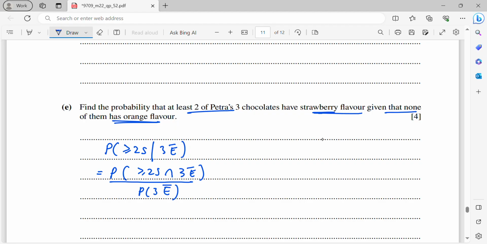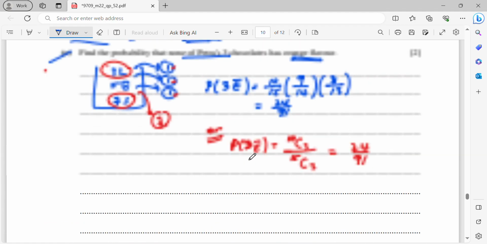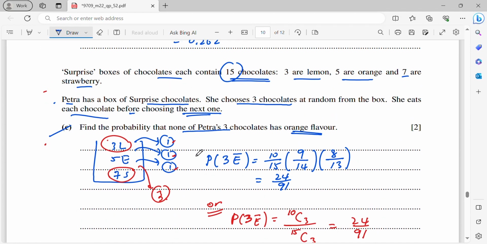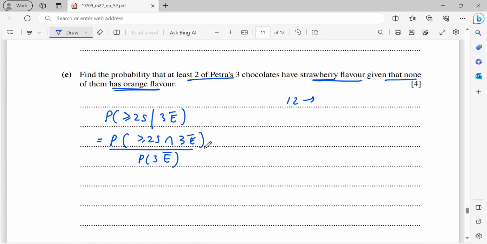Okay, so now go back to just now. We have 3L 5E 7S, right?